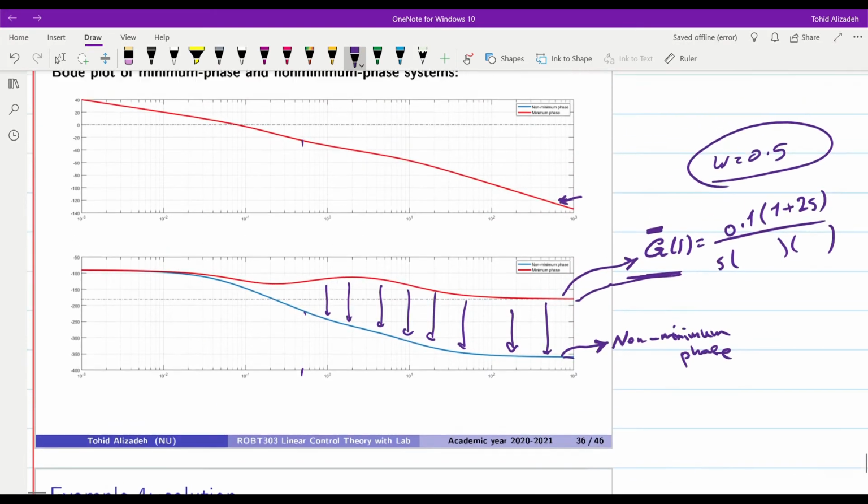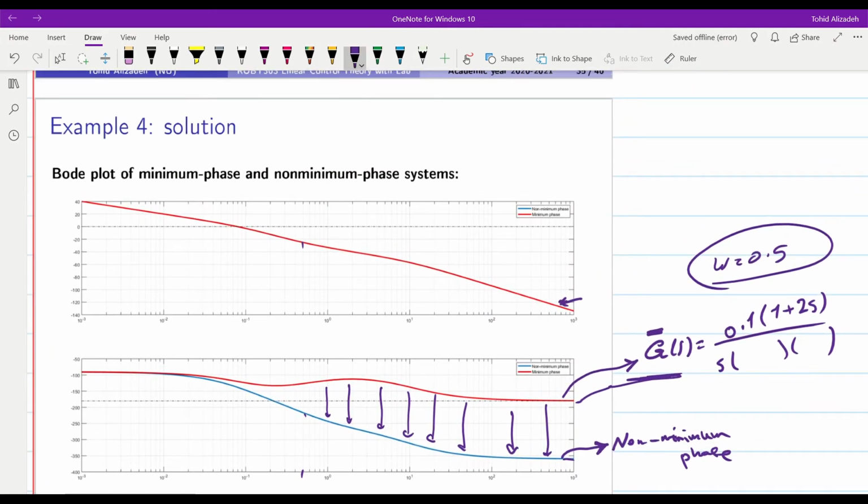If we try to increase the crossover frequency by using a proportional controller and moving the amplitude plot upwards, the crossover frequency will increase, but the system will become, at some point, unstable. But before that, we will not satisfy the requirement on the phase margin.